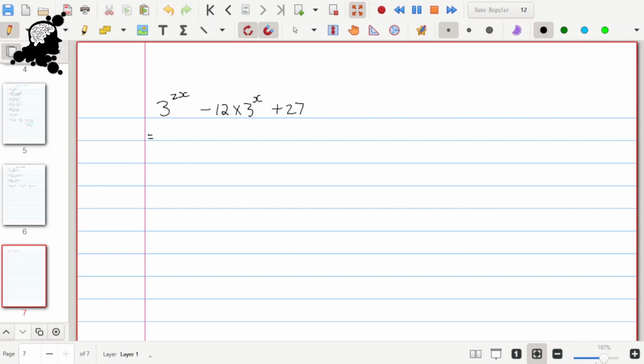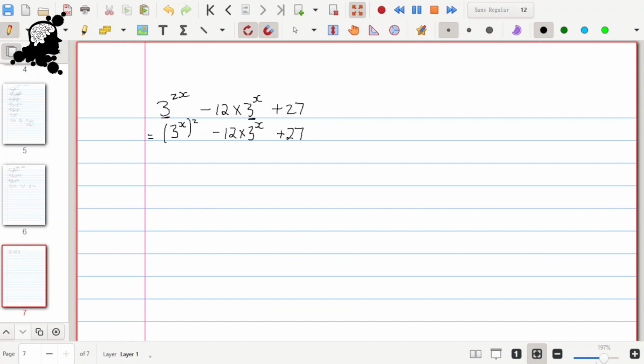Well, first of all, I can see I've got 3 to the power x here. So let me see if I can write 3 to the power 2x as 3 to the power x squared. This is going to give me 3 to the power x squared minus 12 times 3 to the power x plus 27.